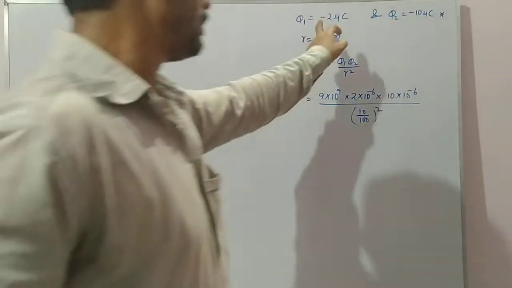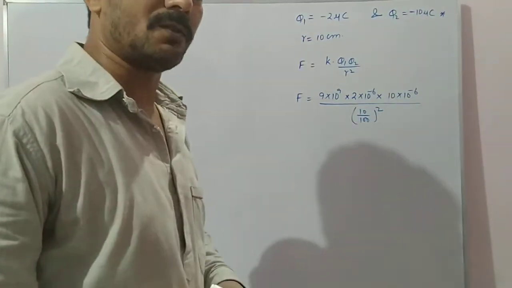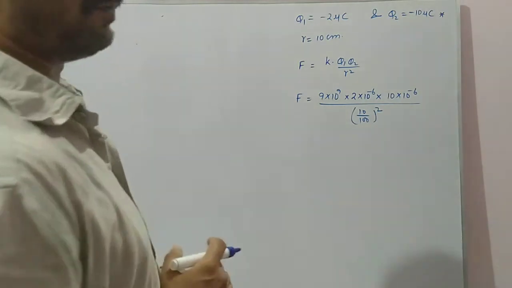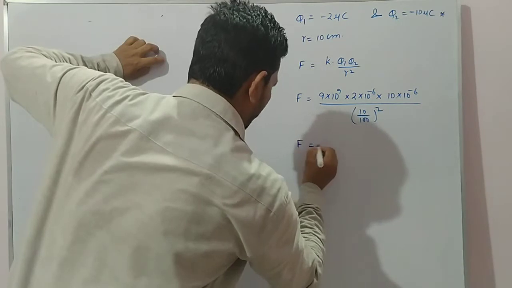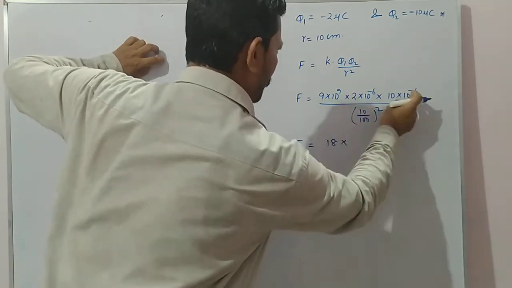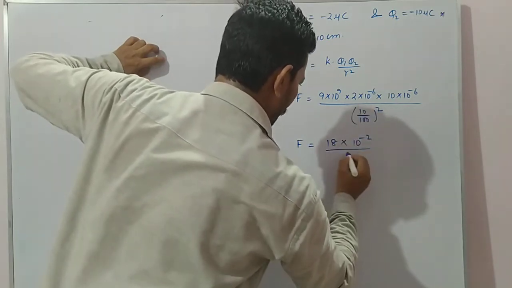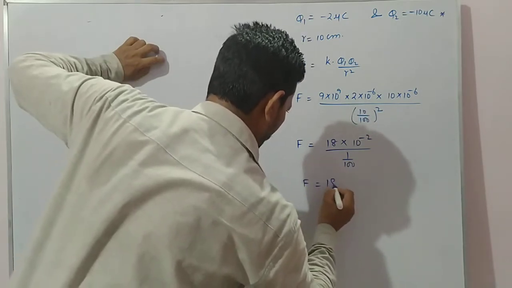Now remember, don't put the sign. Both are of negative sign, so we can conclude that there will be a repulsive force. So the nature of the force will be repulsive. F is equal to 9 into 2, 18 into 10 to the power minus 2 by 1 by 100, so F is 18 Newton.